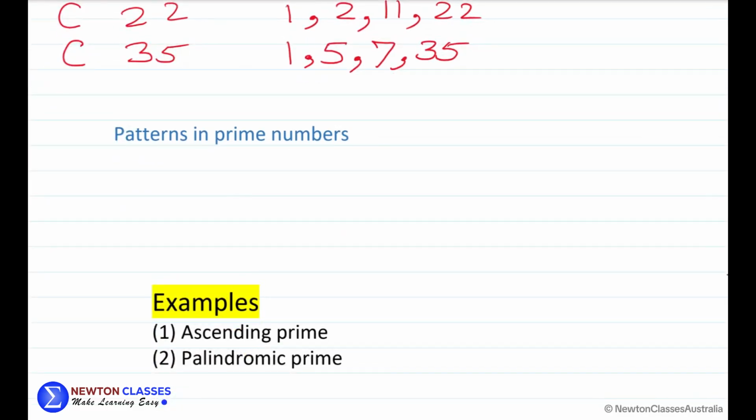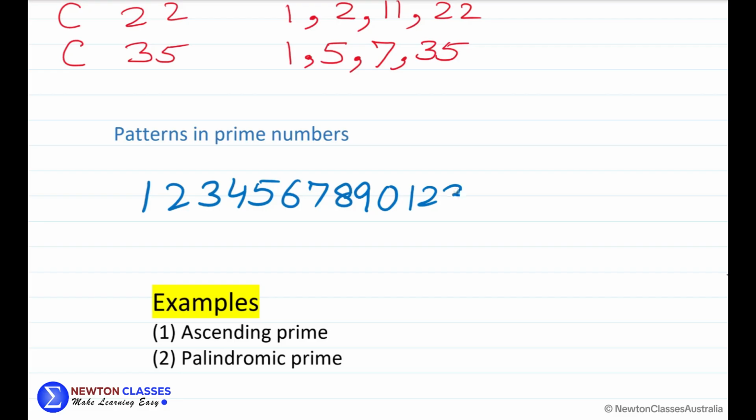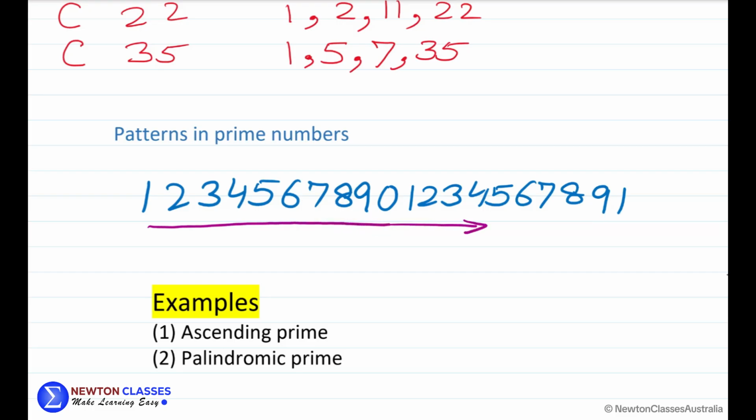For example, if I write, let's say 1, 2, 3, 4, 5, 6, 7, 8, 9, 0, 1, 2, 3, 4, 5, 6, 7, 8, 9, 1. It's a huge big number, but there's a pattern. The pattern is, this is ascending, increasing order. So these types of numbers are prime numbers, but they are popularly known as ascending prime numbers.